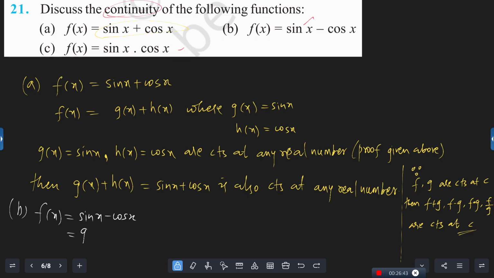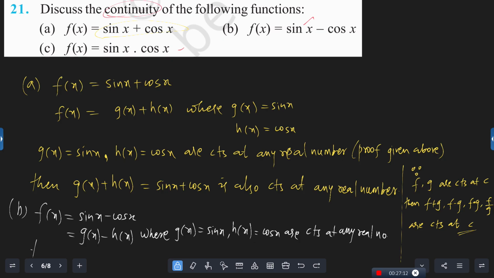Again it will be g of x minus h of x, where g of x is sin x and h of x is cos x, continuous at any real number.